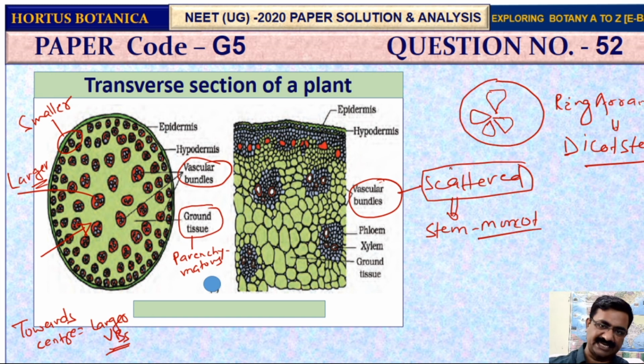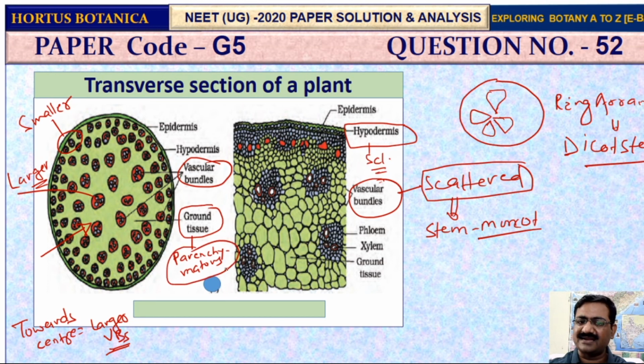Fine. Now second, see, this is the hypodermis and this is sclerenchymatous. The ground tissues are parenchymatous, and you are finding these vascular bundles are surrounded by a particular sheath of small tissues, and these are sclerenchymatous tissue. So by the section you are finding that the vascular bundle is not open, rather closed.